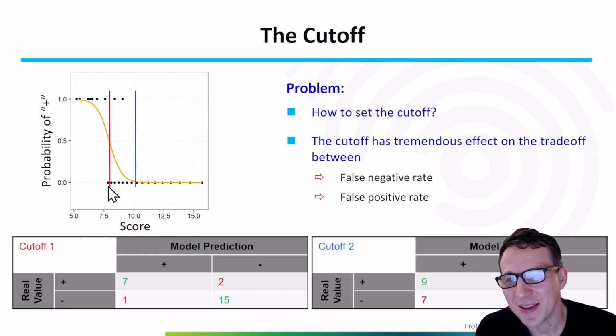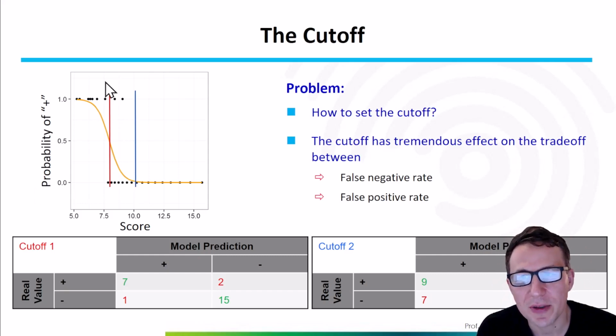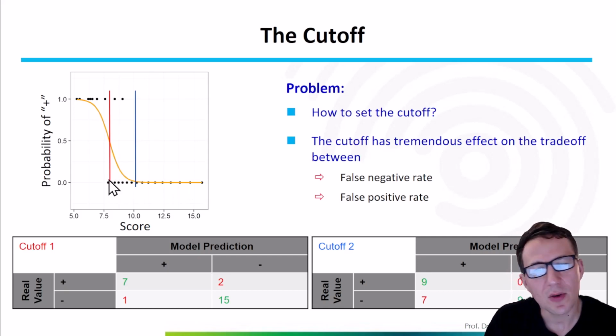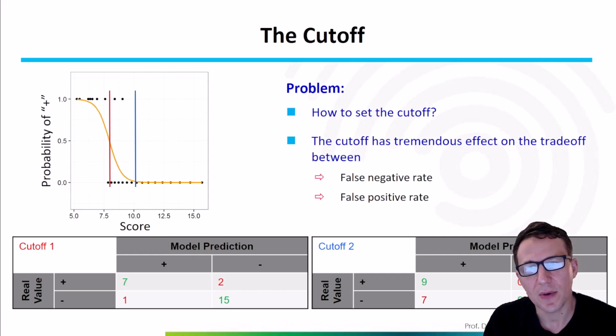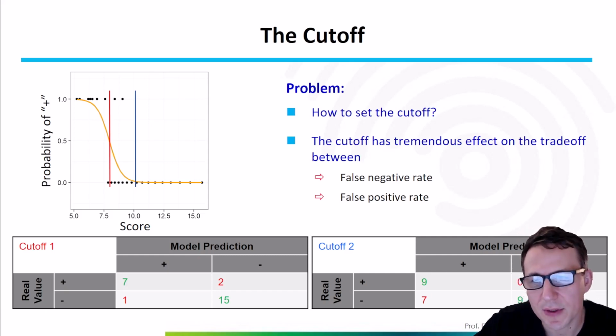And a good score would allow you a good separation of your classes. So here we have all the positive classes, and the positive classes, they have a rather low score. And here are the data points of the negative classes, and they have a rather high score. And you see that the score is not bad. Yeah, it allows for quite a good separation of the data points. And then you draw some line, some vertical line.